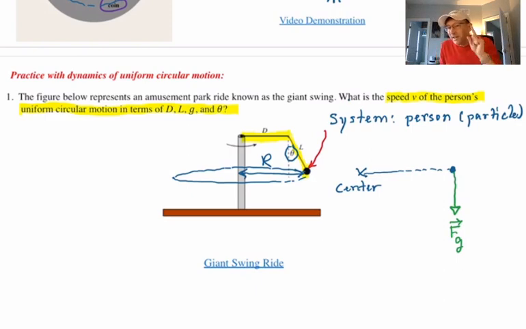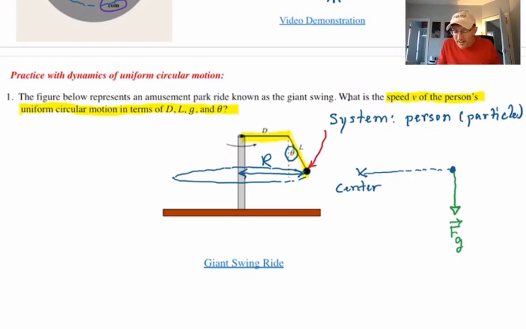What is the only thing that's actually touching this person-chair blob? It's that cable of length L, right? And what's the name for the force from a taut cable? Tension. And cables can only pull. They can't push.